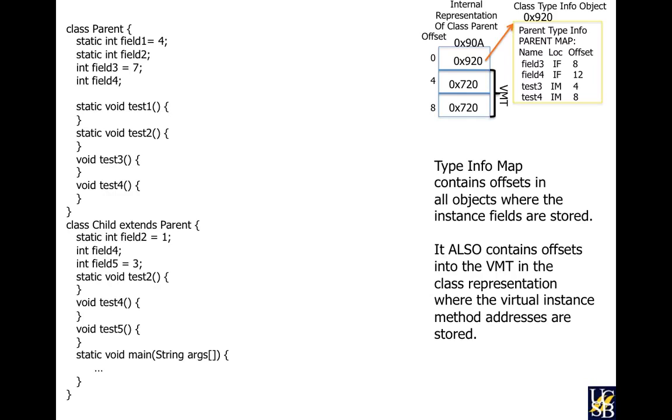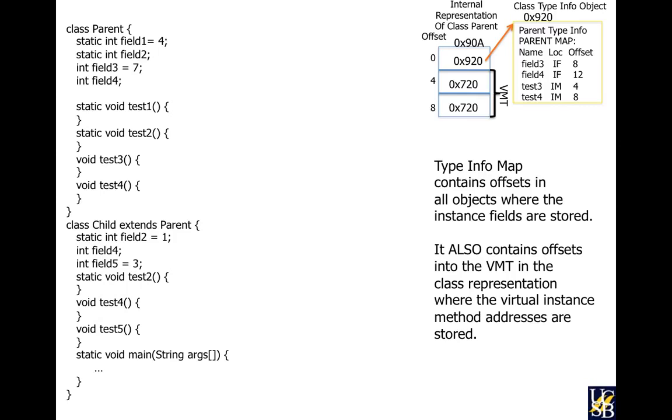We next create our internal representation of class parent and its map, the same as we did earlier, only this time we are able to add our instance methods. In this figure on the left, we have 2 additional instance methods, test3 and test4. You'll see in the map for the internal representation of class parent, we've now added test3 and test4 to the map. They're marked IM for instance method, and they're given offsets into the VMT, the virtual method table, or the dynamic dispatch table of class parent.